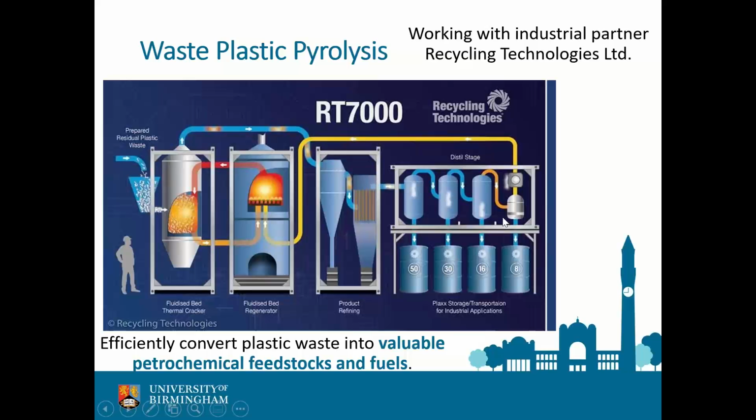Because these light hydrocarbon gases are difficult to compress down and sell on, what we do instead is pump them back round to our regenerator, and we burn them to heat up the sand. So this whole system is quite impressively self-sustaining on the products that it actually produces. By utilizing this fluidized bed technology, we can allow large-scale processing.